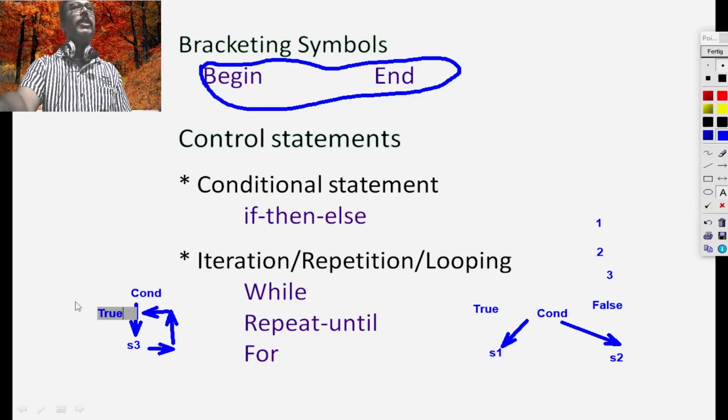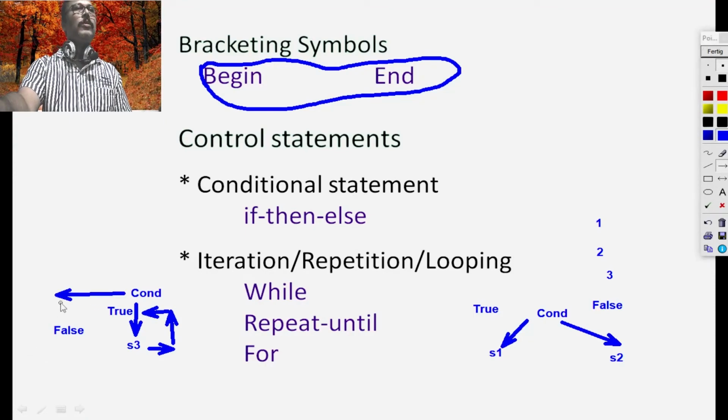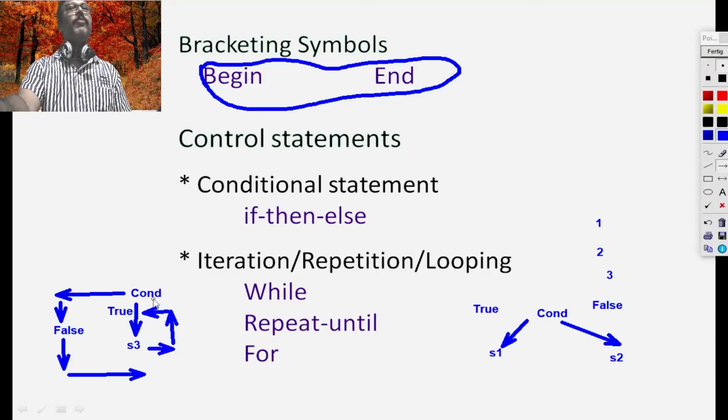So if the condition is false, then we will not be executing S3, we will be going out. So it may occur at the first instance or it may occur at the 10th instance, doesn't matter.